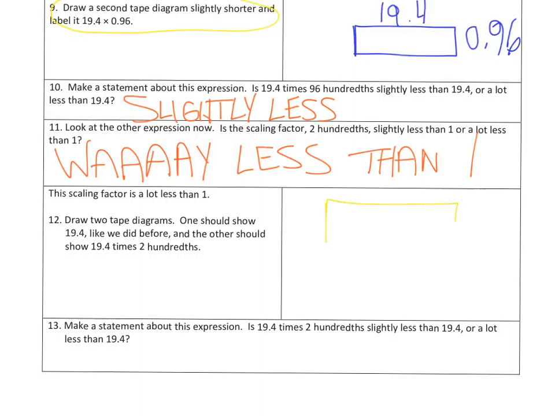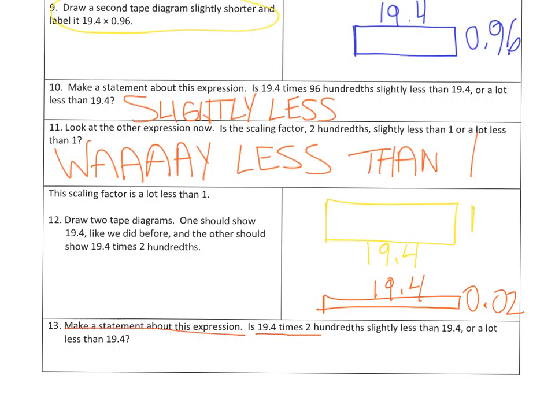So this one, this is 19 4/10 times 1, and this one, this is 19 4/10 times 2 hundredths. Way smaller. So let's make a statement. Is 19 4/10 times 2 hundredths slightly less than 19 4/10 or a lot less? Way less.